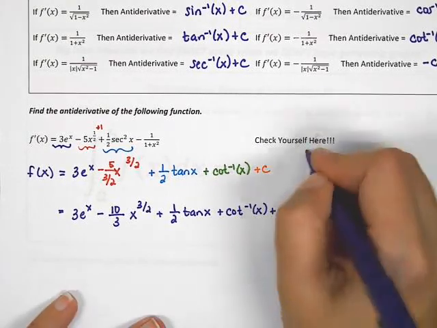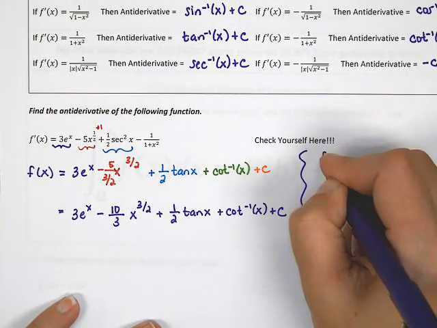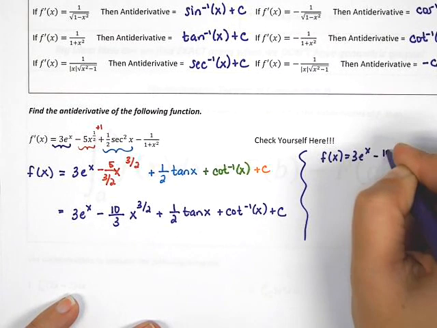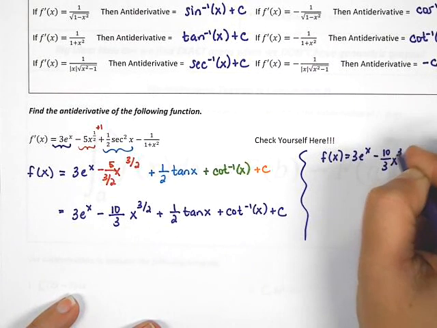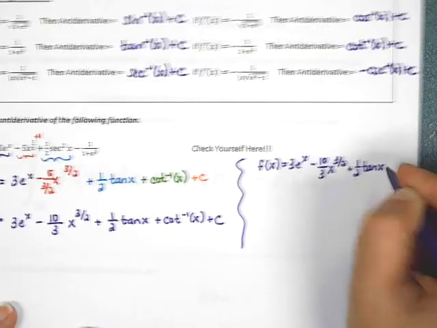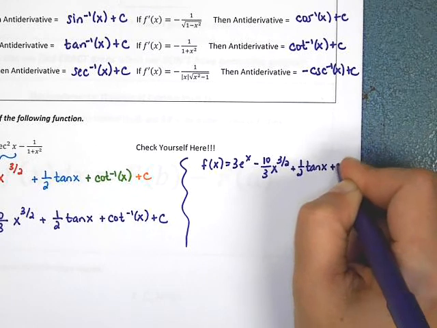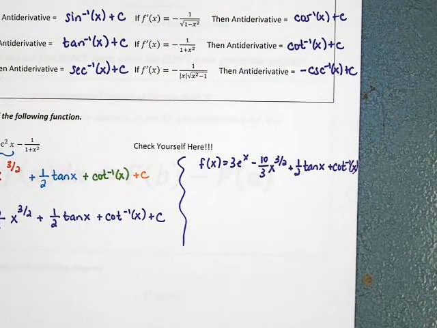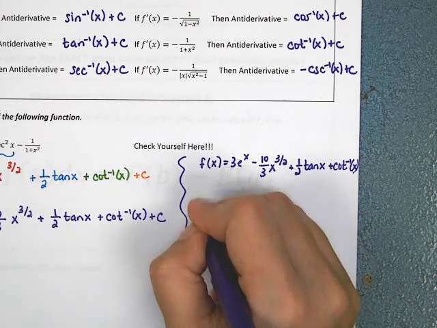We can check ourselves. So let's take this function and let's take the derivative and see if we get back to what our original problem said.